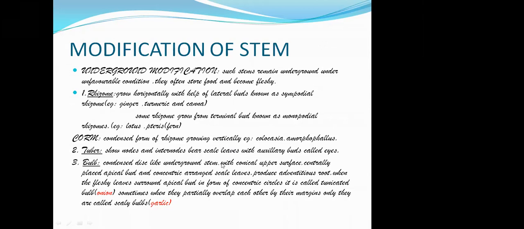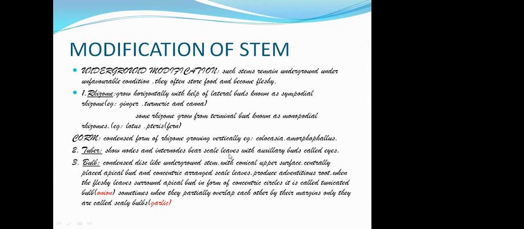Tuber, the main thing to keep in mind is that it has nodes and internodes, and it has scaly leaves. Where do the scaly leaves develop? Remember that scaly leaves are developed only at the nodes. You should not say internode. Internode is the distance between two nodes.